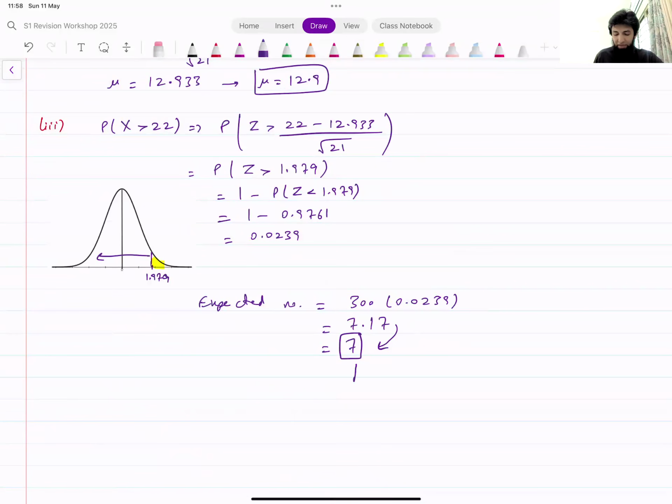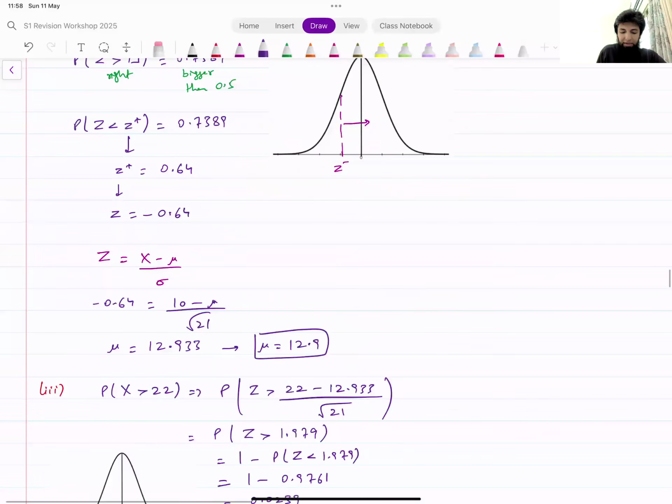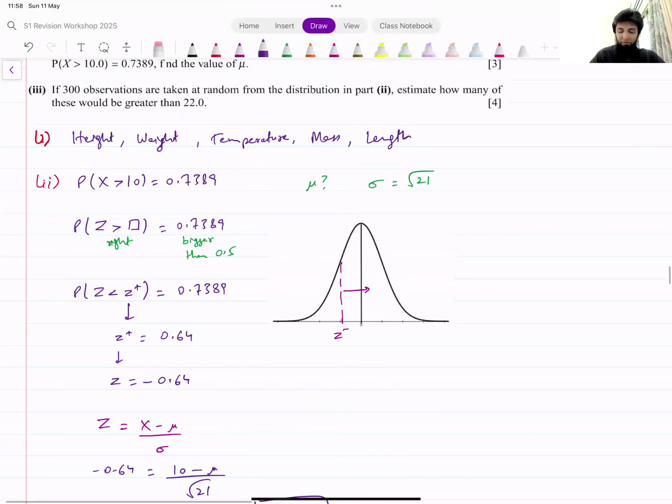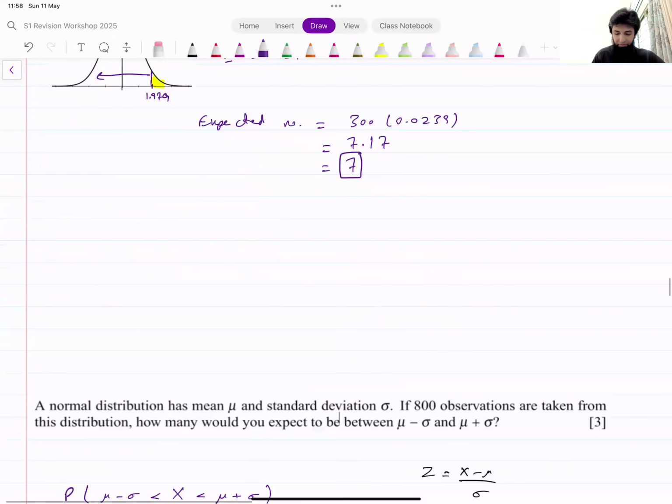You would write 7 as the final result. Always round it off to an integer. A decimal value is not going to be acceptable when they talk about the number of something. The answer has to be an integer, otherwise we'll lose 1 mark. So when they ask you to find the expected value of something, or estimate how many times out of a certain number you would expect something to be true, you find the probability for 1 and then multiply that by that number to get the expected number.